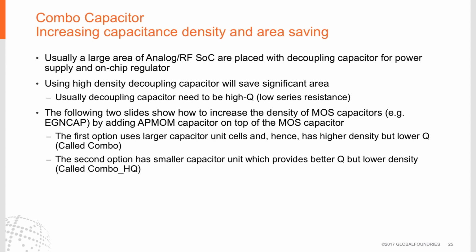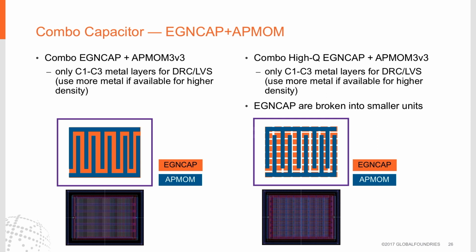The first option uses larger capacitor unit cells and has a higher density but lower Q. The second option has smaller capacitor units which provide better Q but lower density. So here's the first example where we've combined an EGNCAP with an APMOM 3.3 volt. Now only C1 through C3 metal layers for DRC and LVS are used.